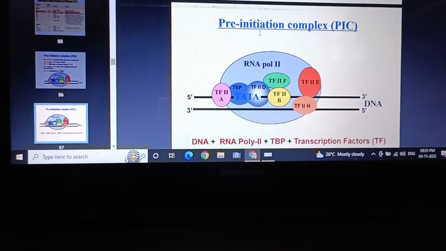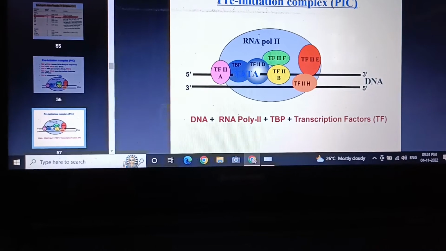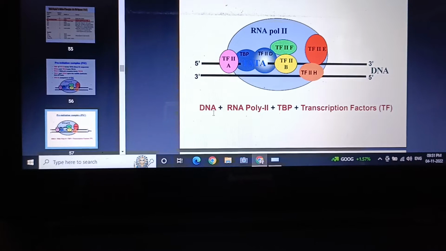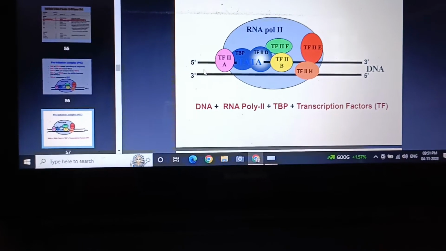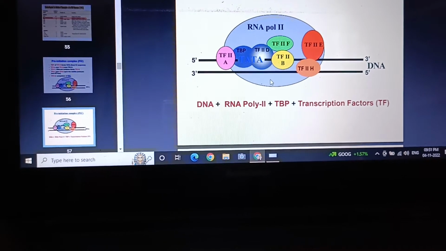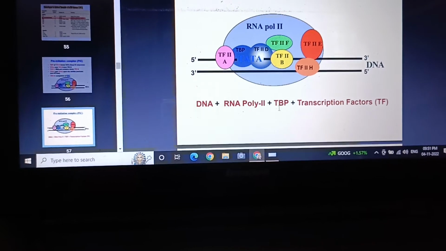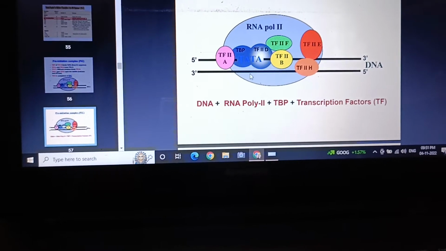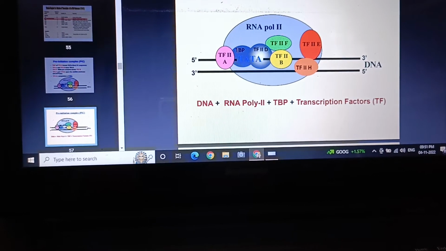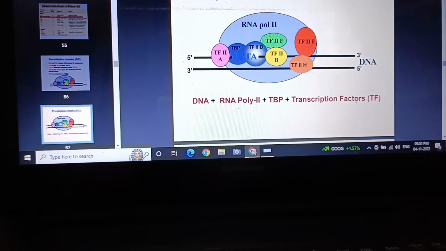See the pre-initiation complex. What is present in it? Your double-stranded DNA and RNA polymerase 2, the light blue is your RNA polymerase 2, and the dark blue is the TATA box binding protein, plus the transcription factors.